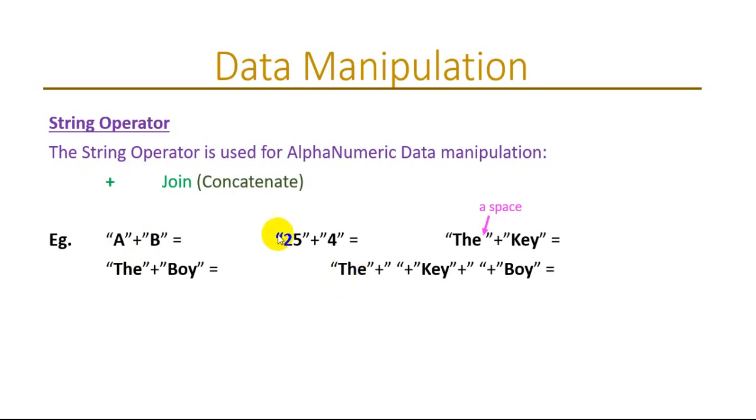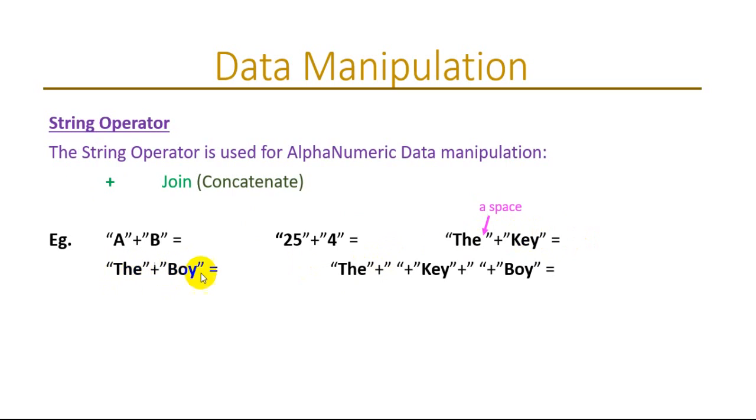For alphanumeric constants or data, we can use the concatenate operation or join operation, the plus sign. So here we have a 2, 5 alphanumeric constant and a 4 alphanumeric constant. These two we are joining using the plus. Here there is a space here and key. Two alphanumeric constants, and we are using the concatenate operator plus to join them. Here we have the and boy, no spaces.